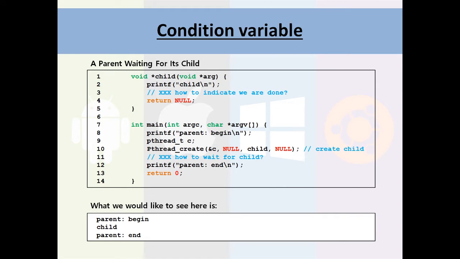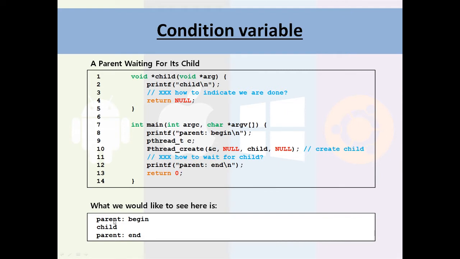So here we have some code which would represent that scenario where we have a parent waiting for a child to finish. Now at the bottom here is what we would essentially like to see. The parent begins, the child then is created and starts processing, and then the parent ends.